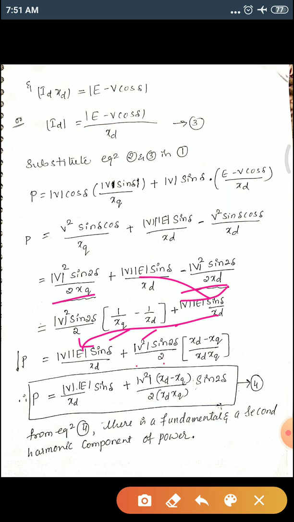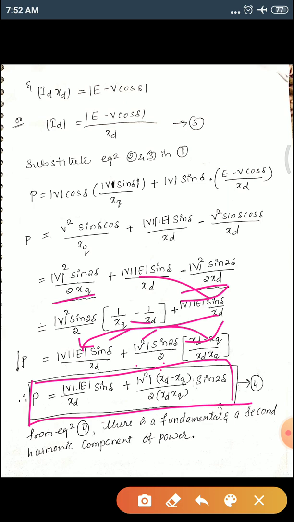V square sine 2 delta divided by 2 into this, a simplification with cross multiplication and LCM, gives xt minus xq divided by xt into xq. Therefore the power equation can be given like this. It is the same thing, just written in a systematic manner. This is your power angle equation.